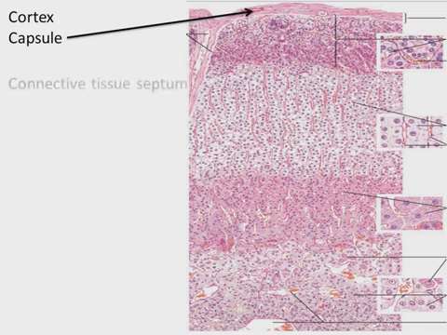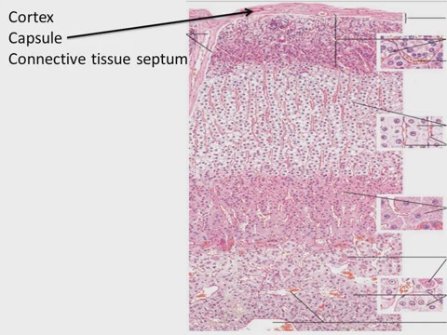A connective tissue septum with a blood vessel passes from the capsule into the cortical region. We can see that one septum which arises from the capsule and enters the cortical region contains a vertically running blood vessel.